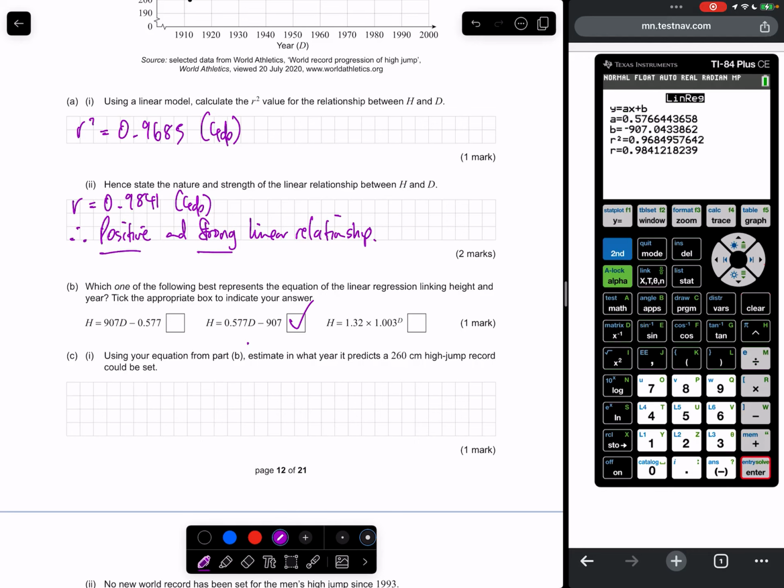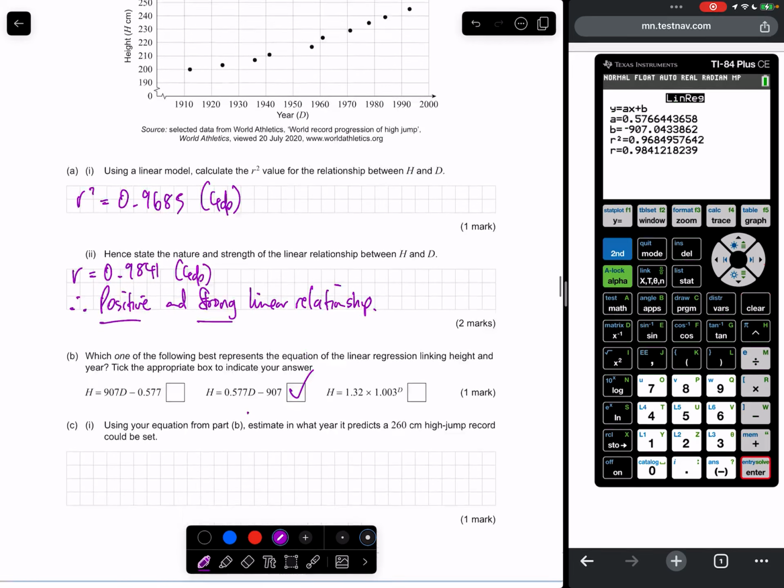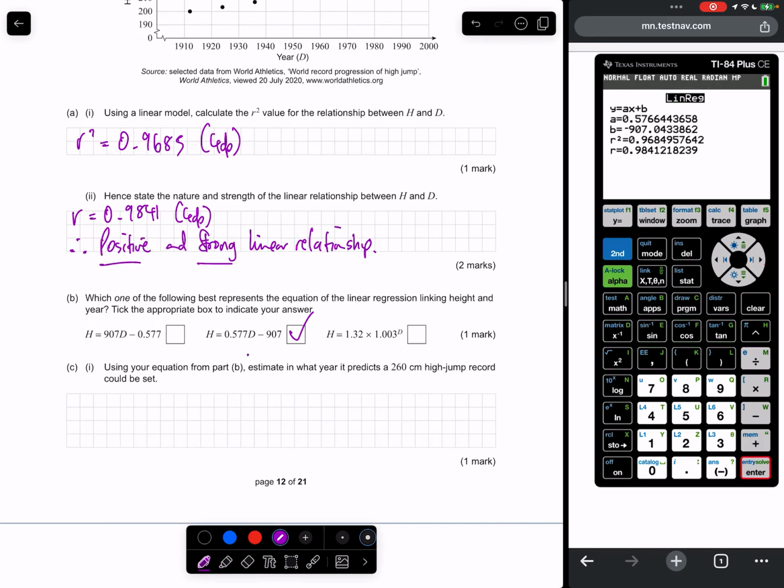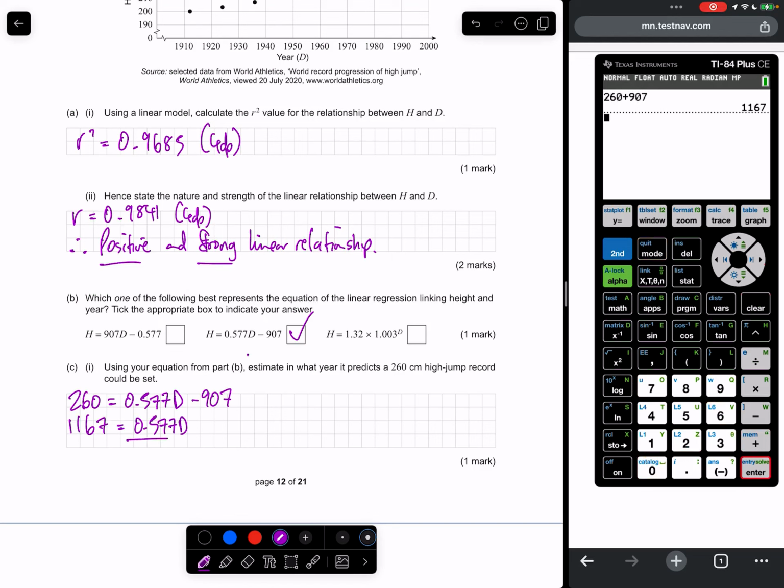Using the equation for part B, estimate in what year it predicts a height of 260. So 260 equals 0.577d take 907. Opposite of taking 907 is adding 907, so 260 plus 907, 1167 equals 0.577d.